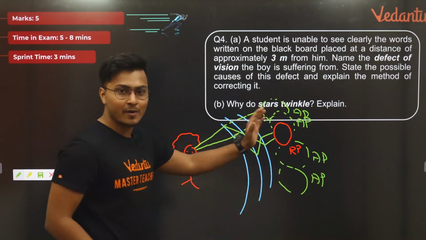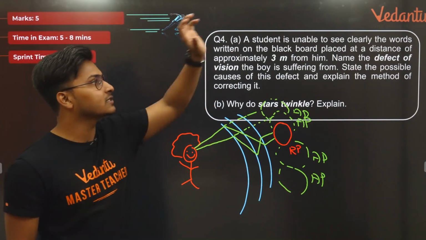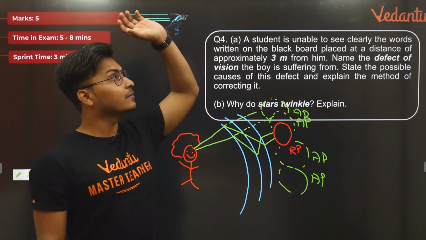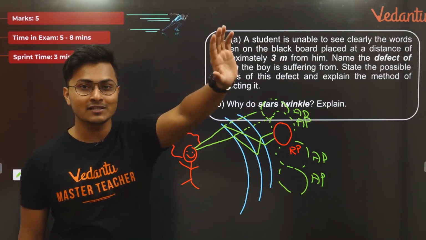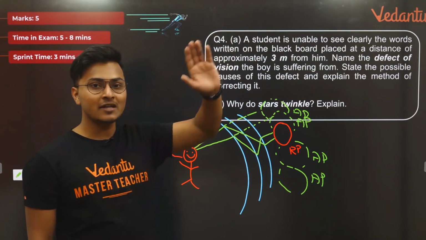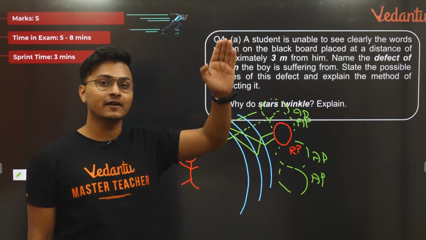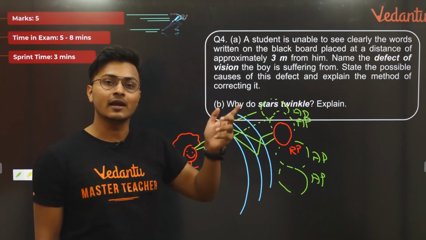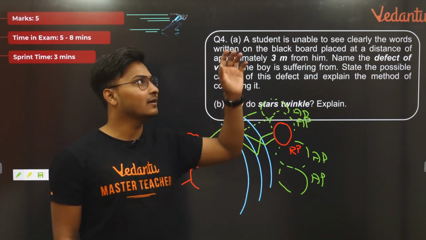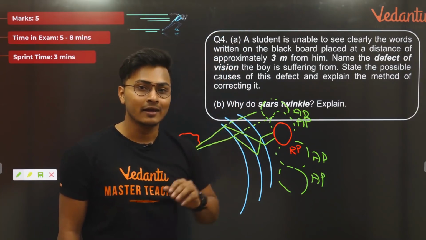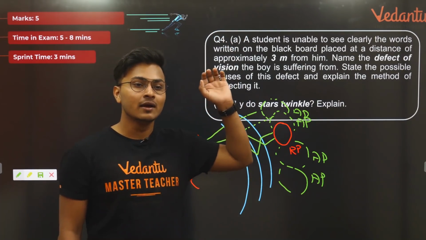So it keeps on changing. So the apparent position of the star keeps on changing. Sometimes you see the star here, sometimes he sees the real star, sometimes he sees the apparent star here. So basically he sees different stars in every microsecond, due to which it feels like the star is twinkling. It's changing its position, due to which it is twinkling.